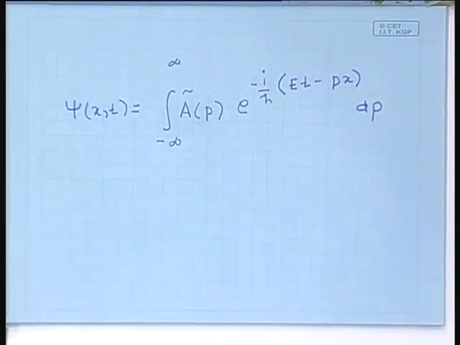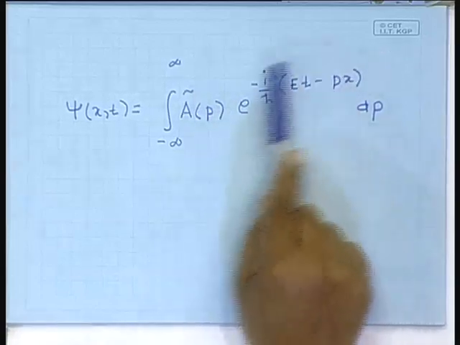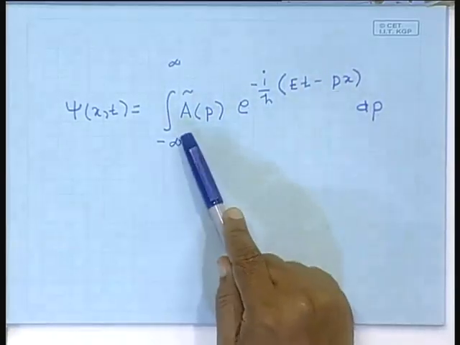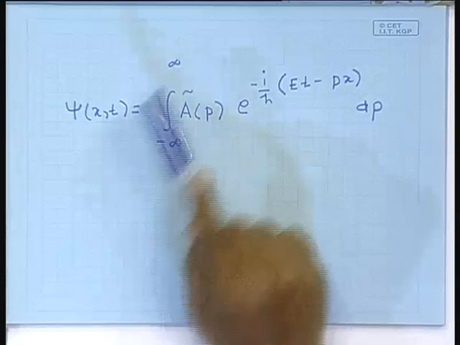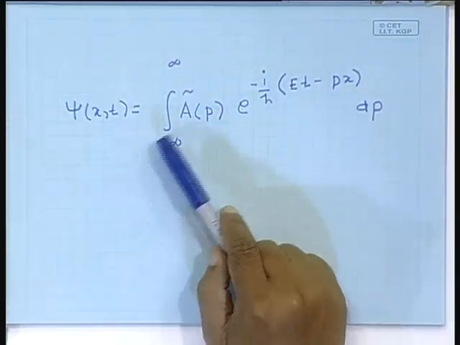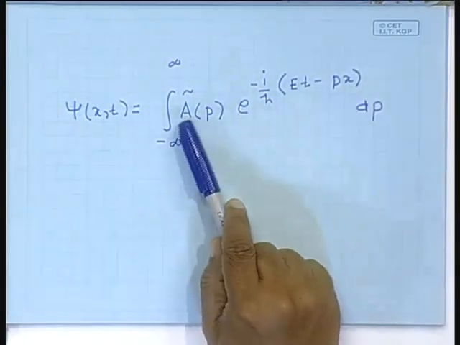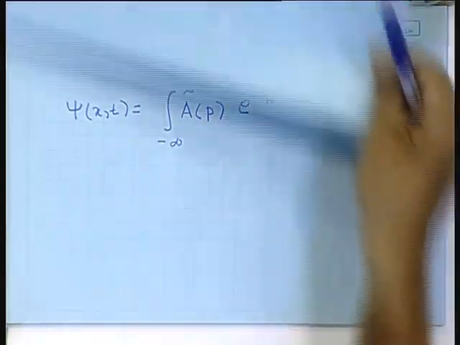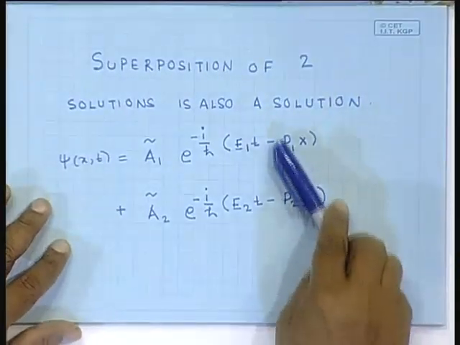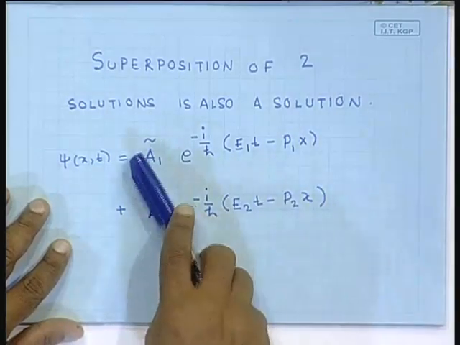Here the constant P, which appears in our solution, can take any value in the range minus infinity to infinity. I am superposing all such values with different amplitudes. Here I have only two such values. I am superposing them with different amplitudes.